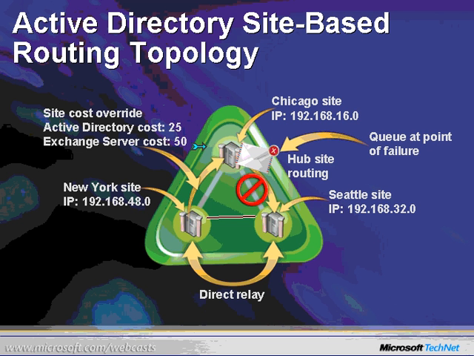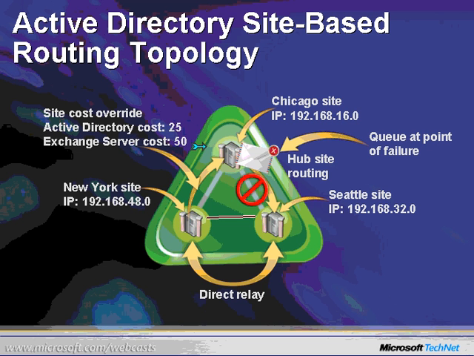Now, if you want, you can still configure a hub site within Exchange 2007. So if I did have a hub transport in the Chicago site, I could define the Chicago site as the hub site and always ensure that emails are routed through the hub site.